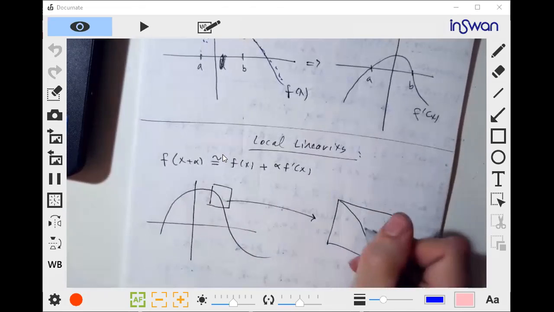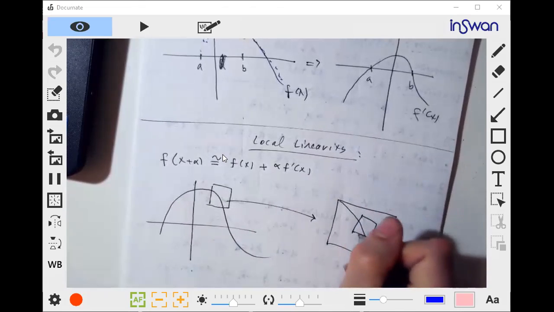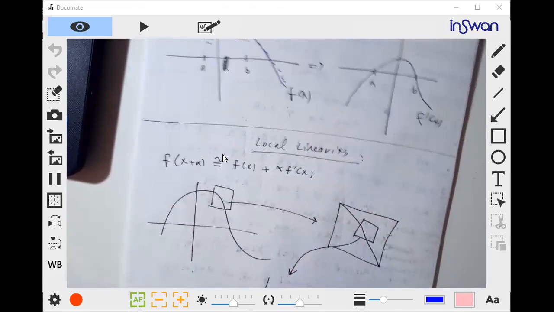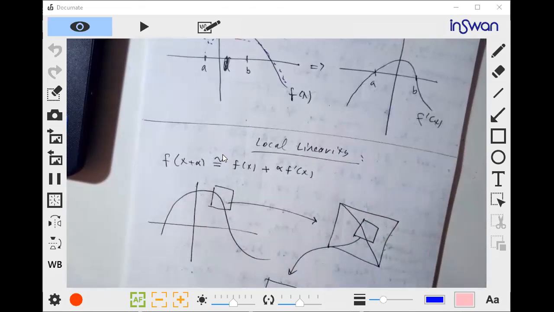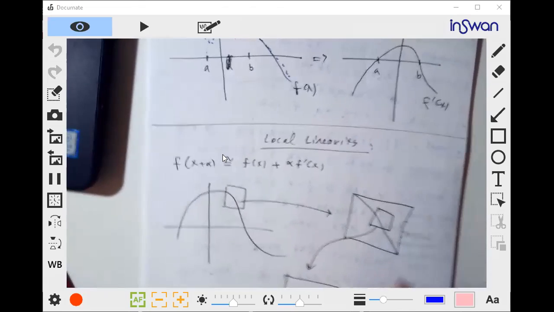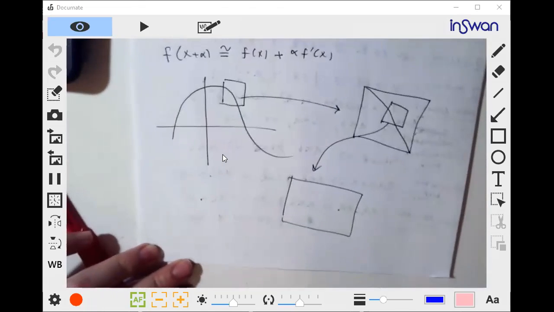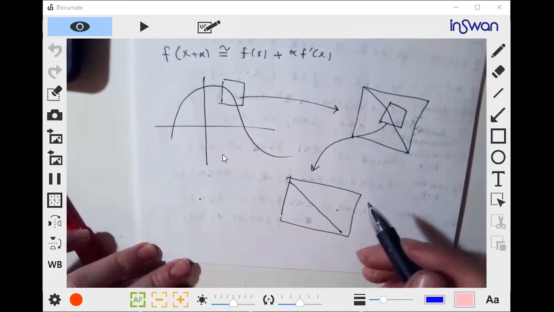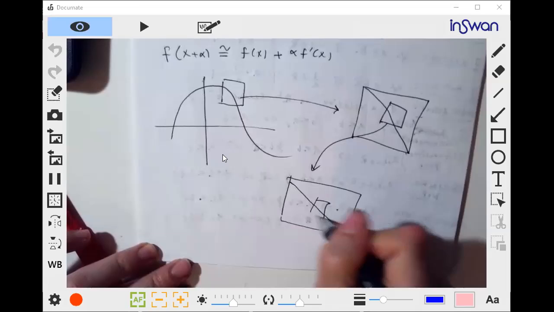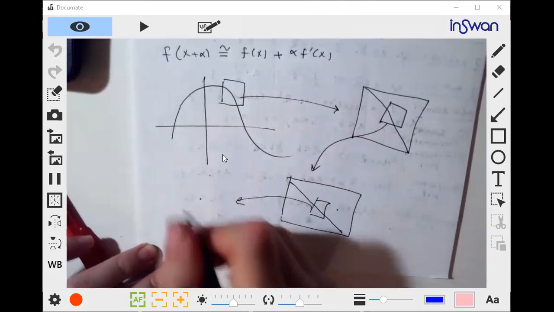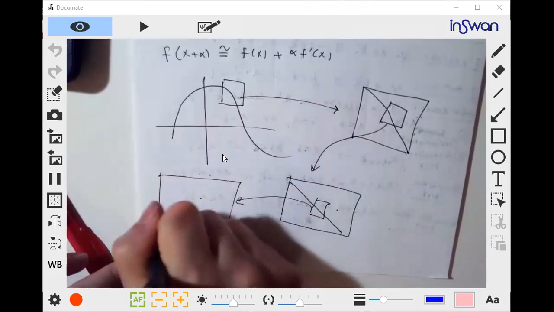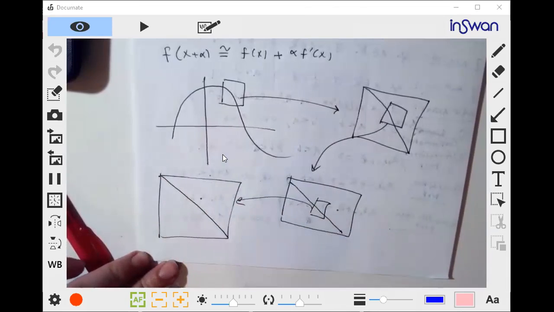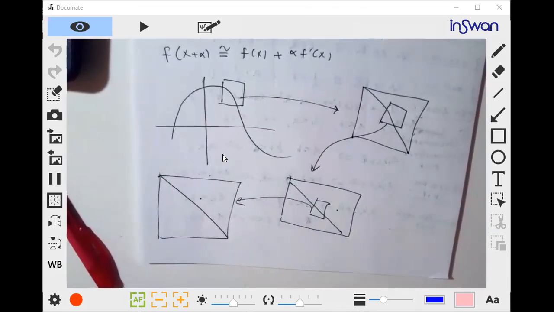Then we zoom in again, and it looks pretty curvy, but once we zoom in a second time, it starts to look pretty straight. And if we zoom in again, it's indistinguishable from a straight line.